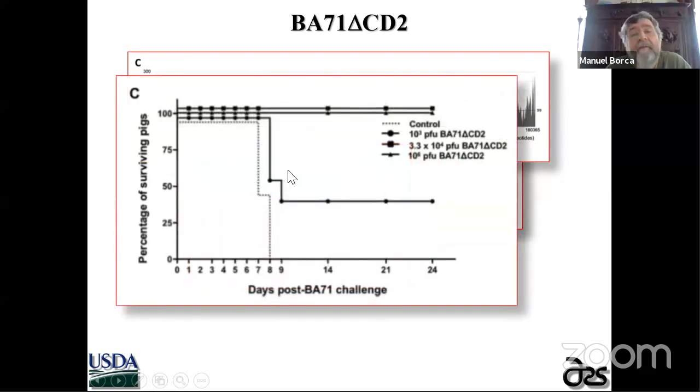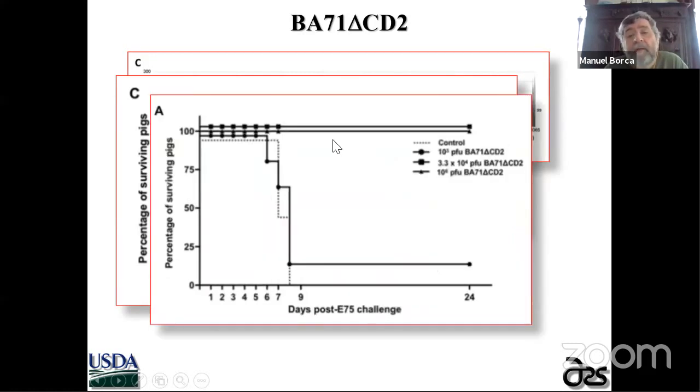Interestingly, when they were challenged with the homologous virus, the animals were protected against the challenge. More interesting, the animals were also protected when challenged with a slightly heterologous virus, E75. Remember that the parental virus is Badajoz.